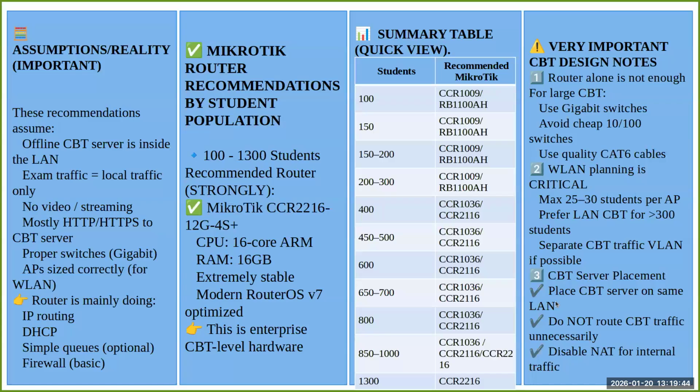So if we combine Lagos, Abuja, Port Harcourt, Delta together in one building, with proper settings, this router will handle the traffic. Will handle it. And it runs a modern router OS. So this is enterprise hardware.